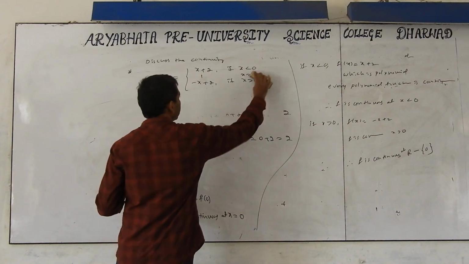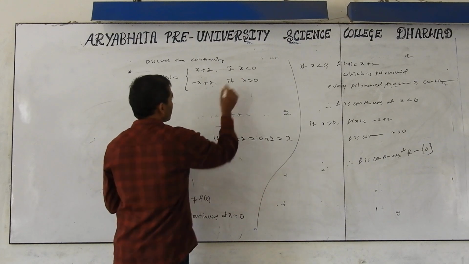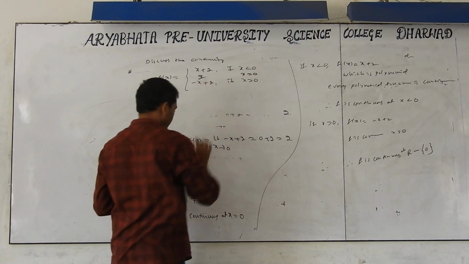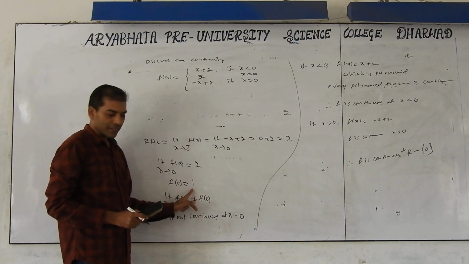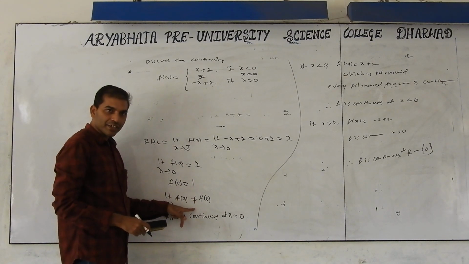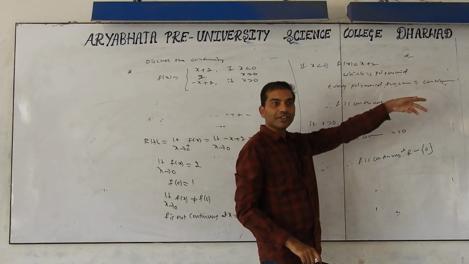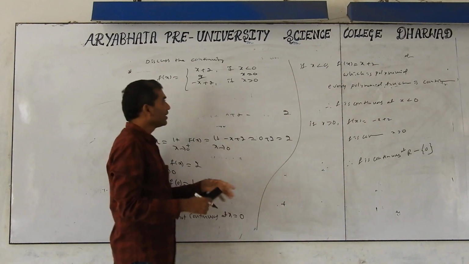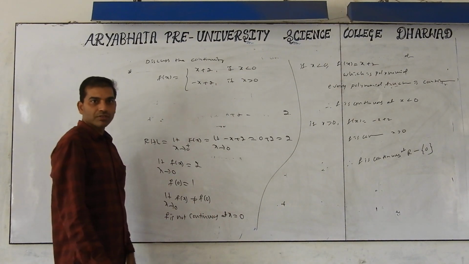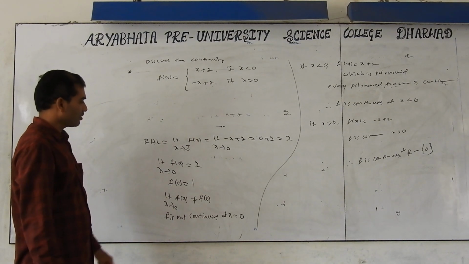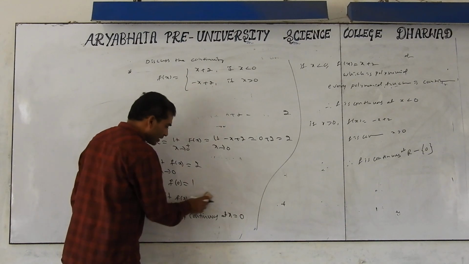If the value at 0 were, for example, 2, then f of 0 is 2, left limit and right limit are equal, therefore it is continuous, and f is continuous everywhere. If x equal to 0 is not given, then only the limit exists here, but the function value we don't know here.